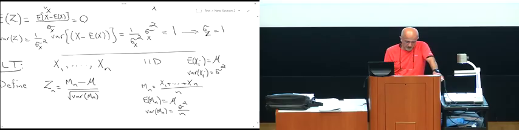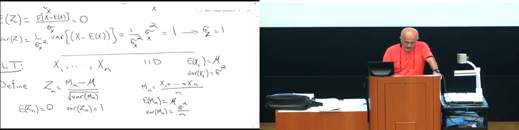And then I've also divided by the standard deviation of Mn. So what have I done? Why is this a tricky question? Variance of Zn is what? 1. I just standardized it.